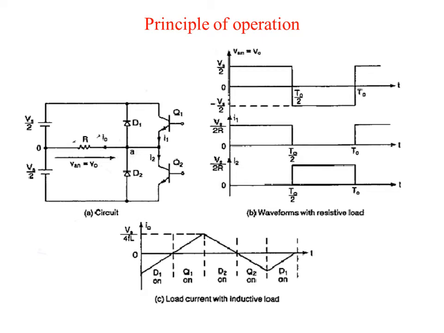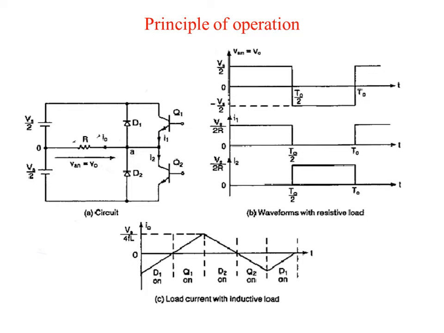The principle of a single phase inverter can be explained with figure A. The inverter circuit consists of two choppers. When only transistor Q1 is turned on for time period T0 divided by 2, the instantaneous voltage across the load V0 is Vs divided by 2.